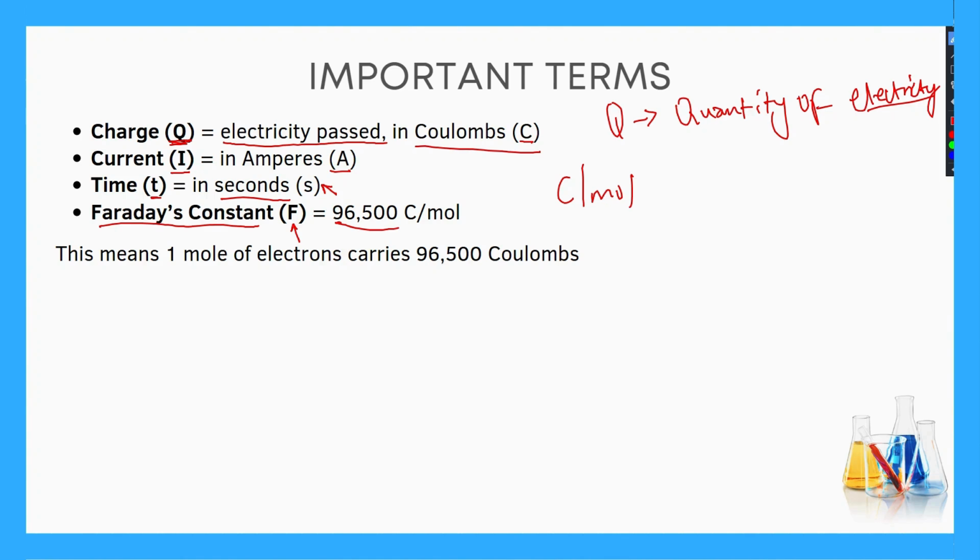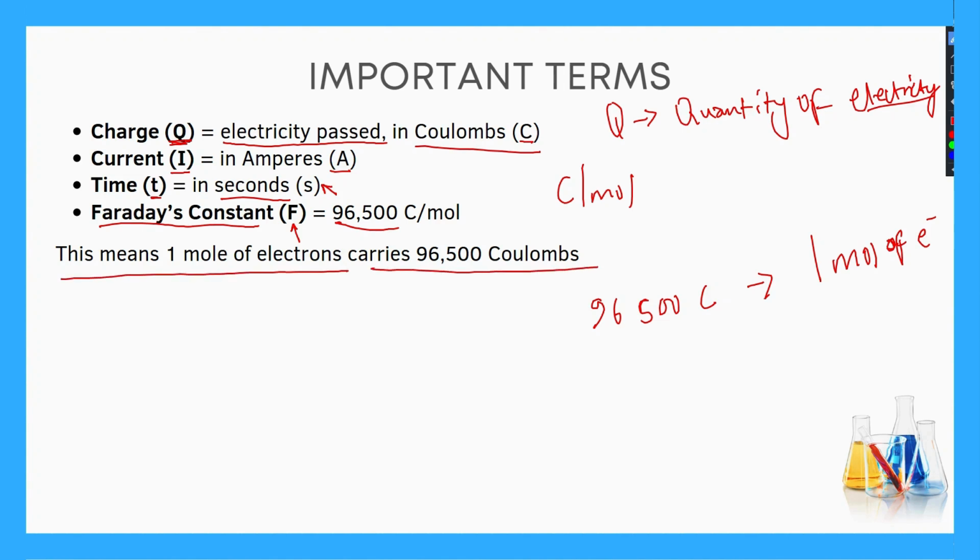What this simply means is that you need a charge of 96,500 coulombs to move 1 mole of electrons. This means that 1 mole of electrons carries 96,500 coulombs.